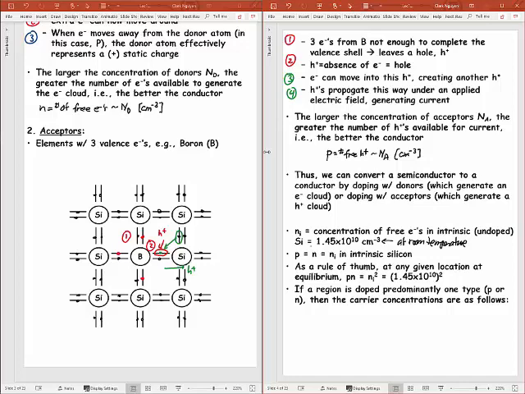There's that many holes per cubic centimeter if I've doped it p-type with doping concentration capital N sub A. Okay? And so in this way we're converting a semiconductor to a conductor by doping with donors, which generate an electron cloud, or with acceptors, which generate a hole cloud.